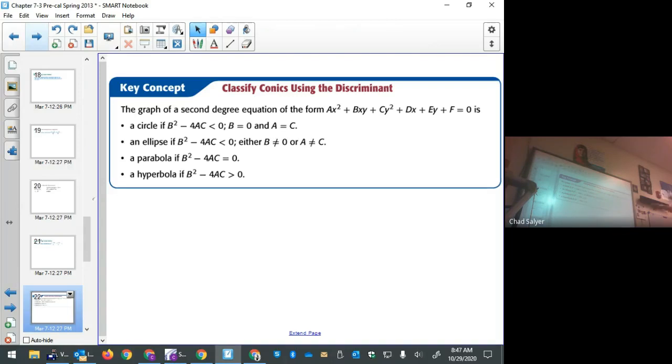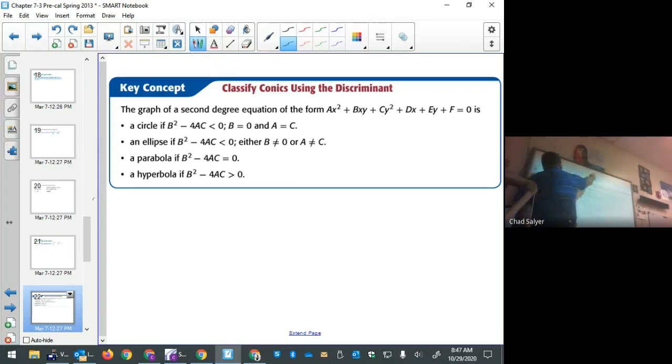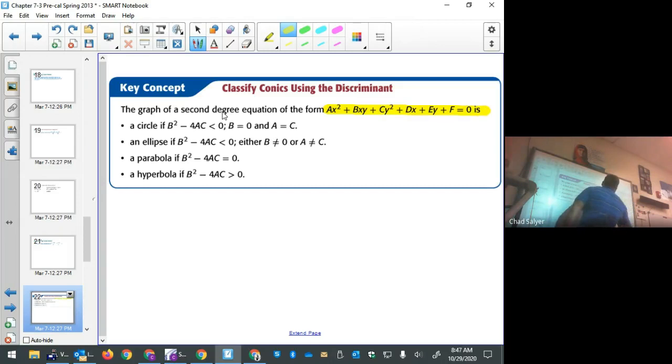So this is the standard form for all conics. AX squared plus BXY plus CY squared, and so on. So using this, once you get it to this form, if you want, you can know its type by looking at a relationship between B squared and 4AC.